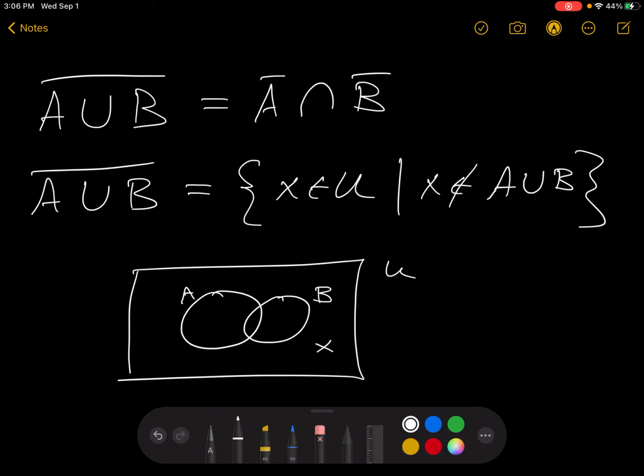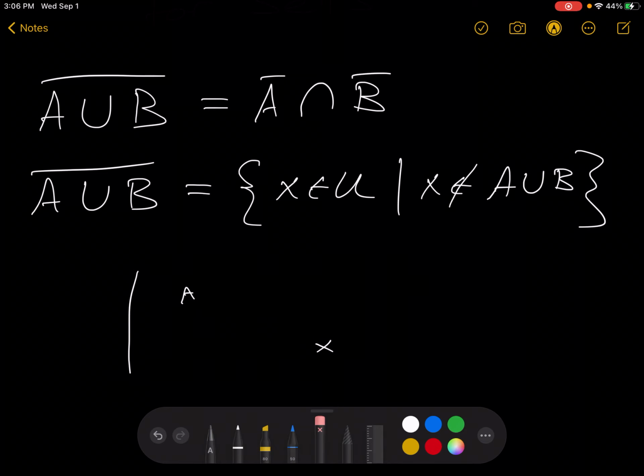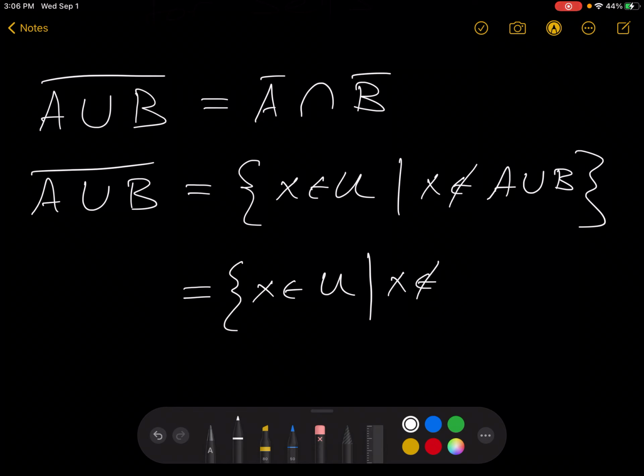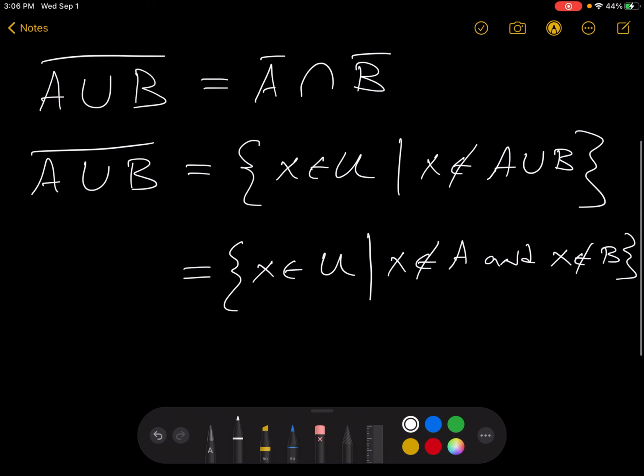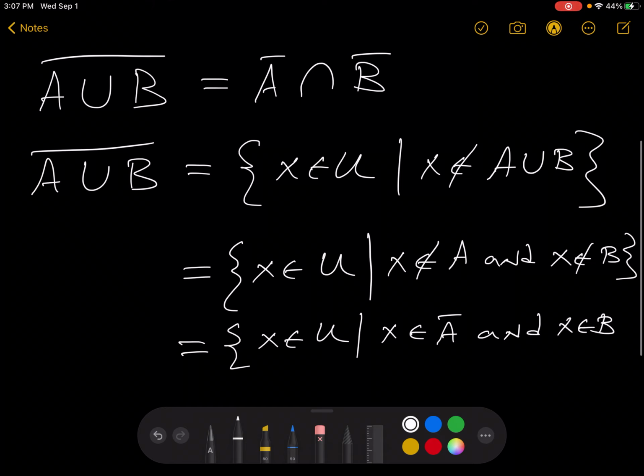You've got to be outside of A union B. So logically, that means if you're not in A union B, then x is not in A and x is not in B. Well, that just means that x is in A complement and x is in B complement.